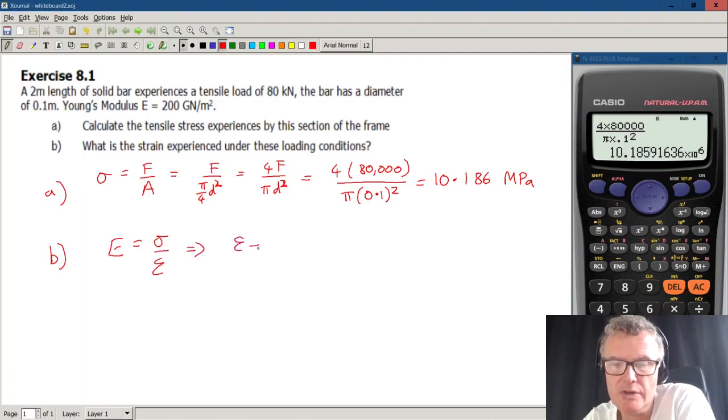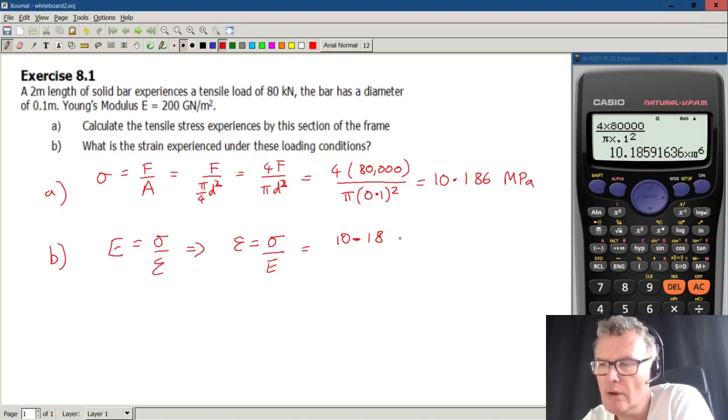So strain is going to be stress divided by Young's modulus. So I've got my stress. Let's go back and put it in: 10.186 times 10 to the 6.